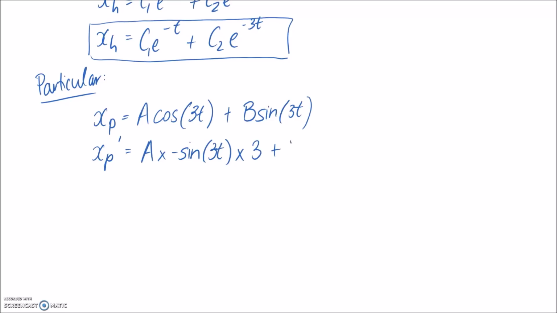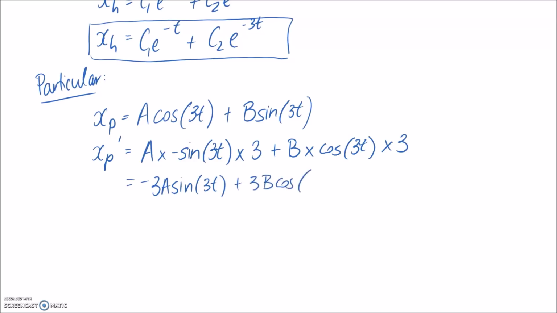So plus, again, taking the derivative, b stays out the front, sine here goes to cos, copy out the bracket and multiply by the derivative of the bracket. So we can write this a little bit nicer as something like this, plus 3b cos of 3t.